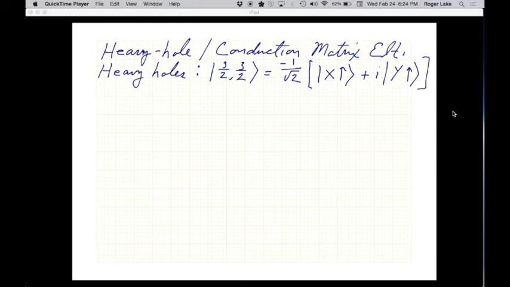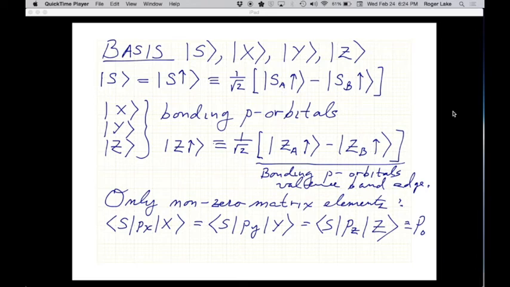And when I write this, this guy and this guy are our K dot P basis states, which means they're what I wrote down here. So when I write Z up, what I mean is this. Right? When I write X up, what I mean is XA up minus XB up.